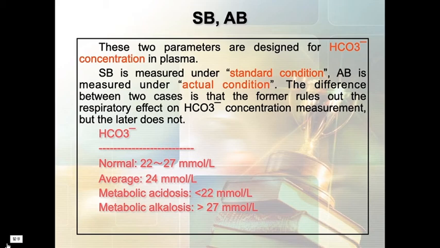Bicarbonate ion in SB and AB, the normal range is 22 to 27. And the average is 24. In metabolic acidosis, it's less than 22. Metabolic alkalosis is more than 27.